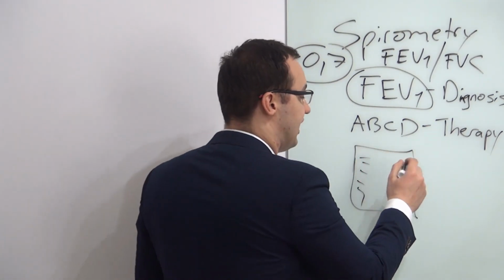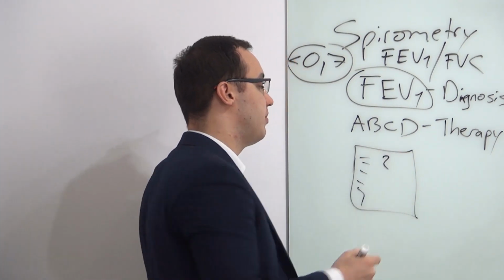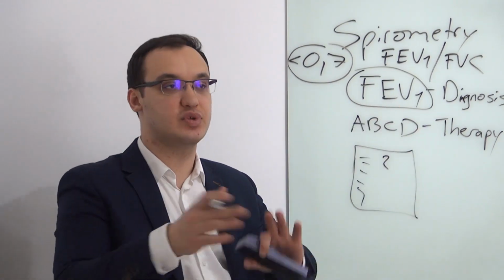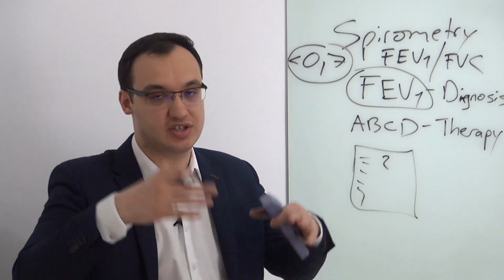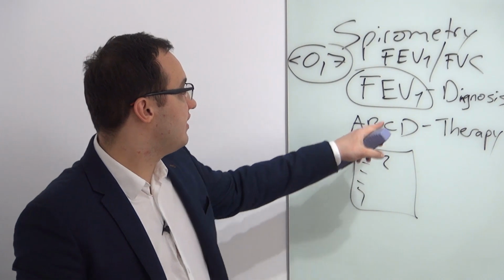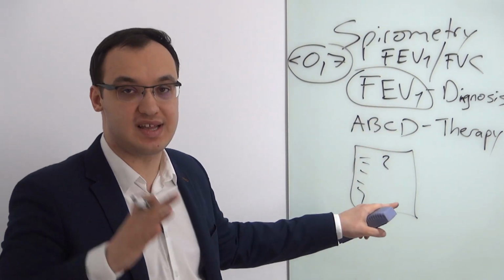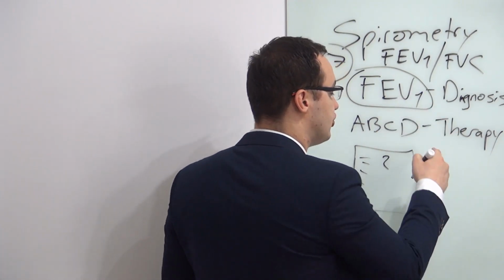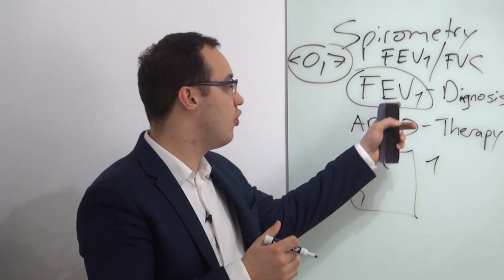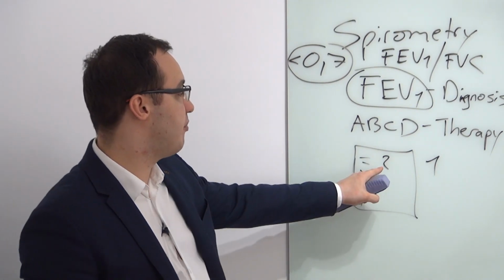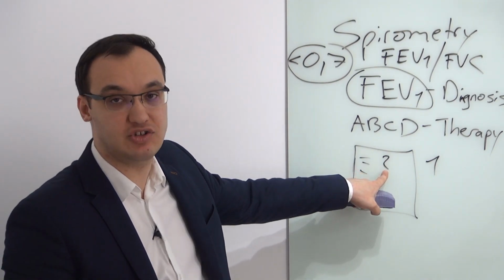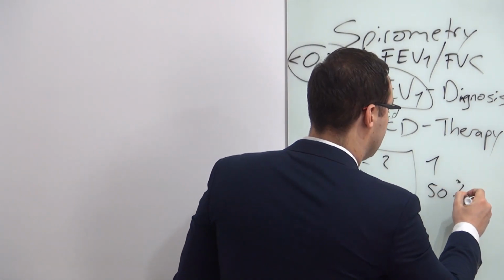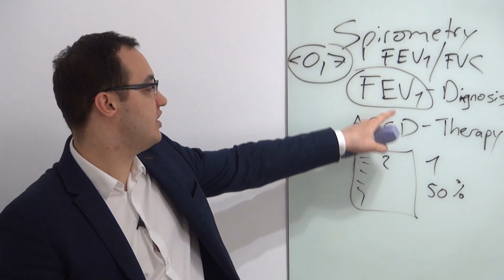For example, if we have a value of 2 in the normal population for a guy who's, I don't know, 65 years old and 160 centimeters tall, I just took a number now, and this is a table which is standardized in the population, and we get a value that is only 1 from the real patient, so he's exhaling only 1, and the population exhaled 2. That means he is actually at 50% of the population. Therefore, this value is then 50%.